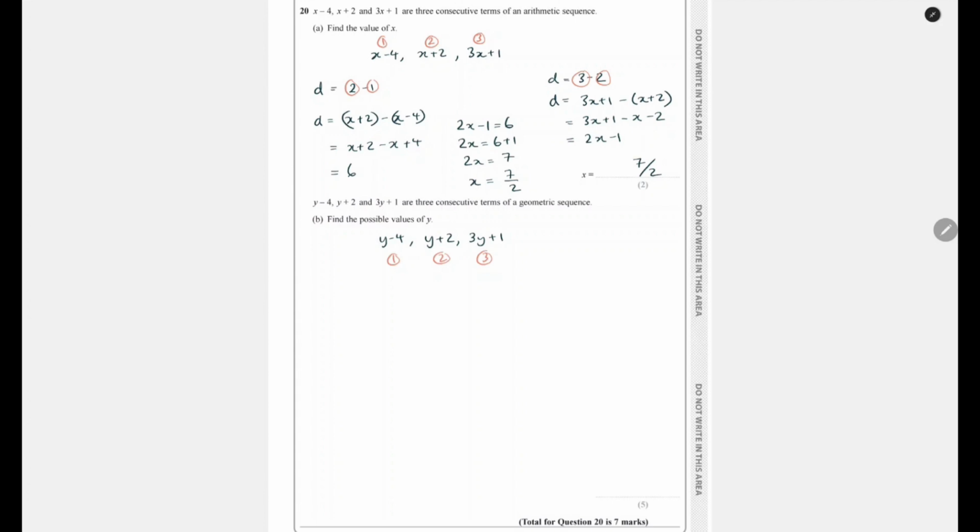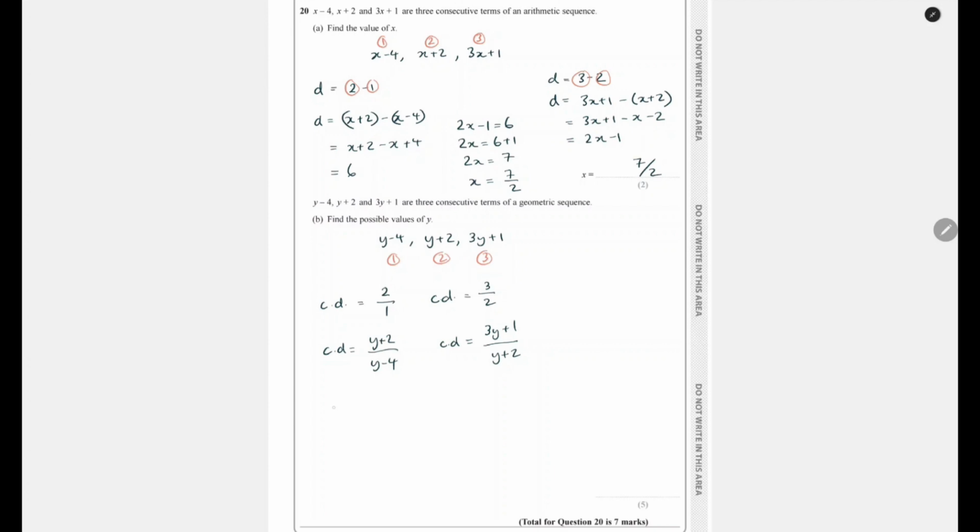And so what we can say is that the common ratio of 2 and 1 is 2 over 1, and that's equal to the common ratio of 3 over 2. And so if we write that out, that's y plus 2 over y minus 4, and that will be equal to the same for terms 3 and 2, which is 3y plus 1 over y plus 2.